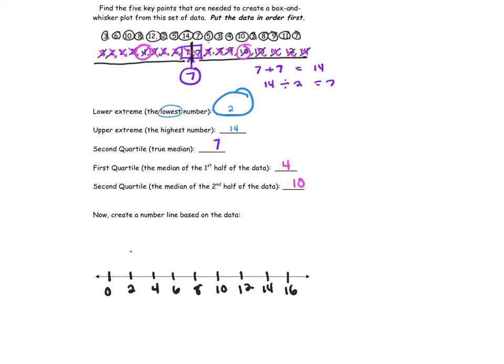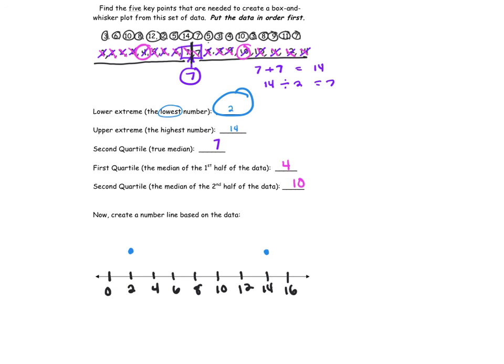And when we build this, we go a little bit above the number line, right above 2. Our upper extreme is 14. Well, this is helpful because those are even numbers, so they're right above our number line. Those are the extremes, lower and upper. Now we're going to do the second quartile, the true median, 7. So this is where I have to look, and I need to be halfway in between 6 and 7.